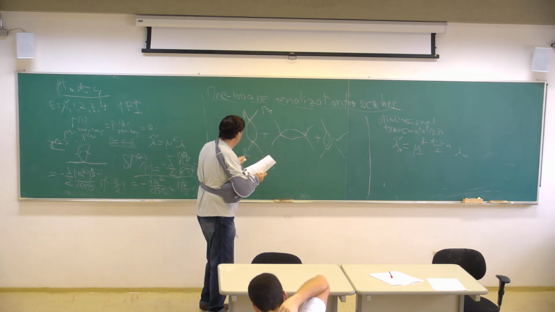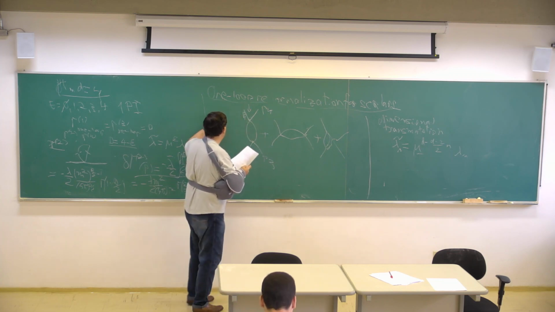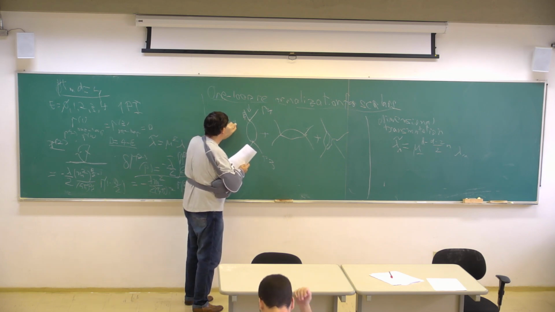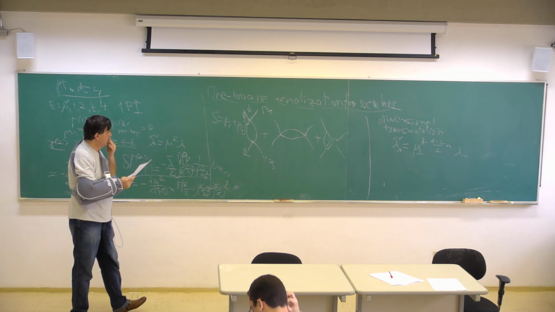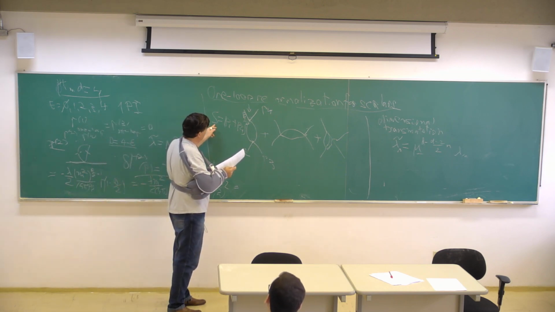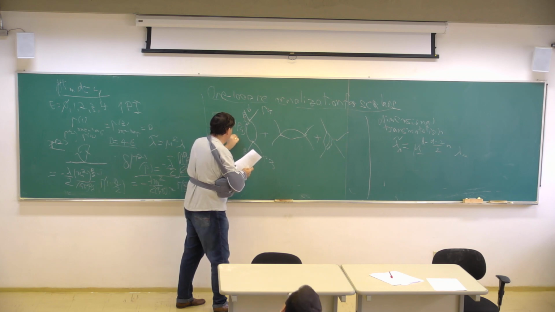So in this one, you see that at this vertex, I have S equal P1 plus P4 squared. Remember, we have defined the Mandelstam variables. S is P1 plus P4 squared, which is also P2 plus P3 squared.